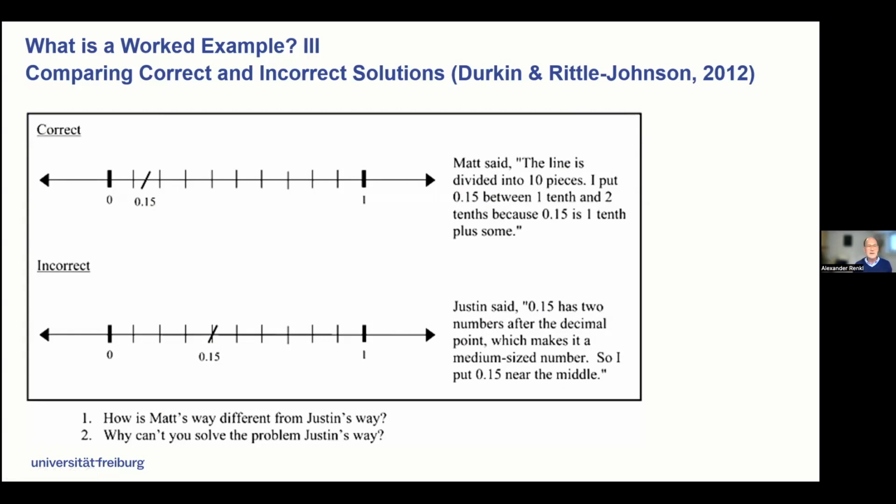Then the learners should be prompted to self-explain what's going on here. How is Matt's way different from Justin's way, and why can't you solve the problem Justin's way?